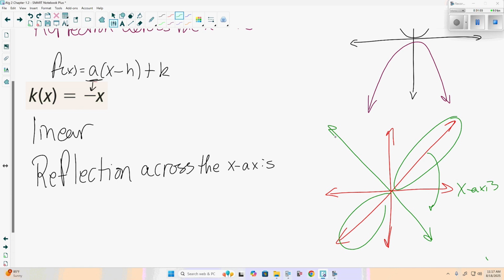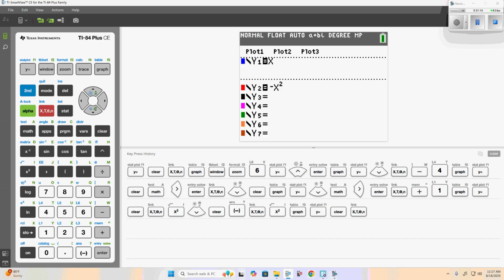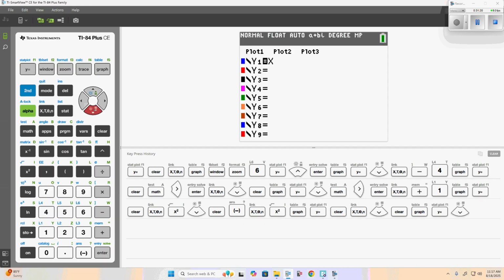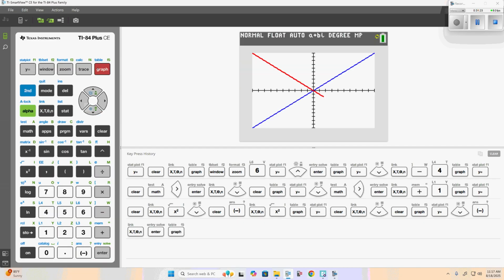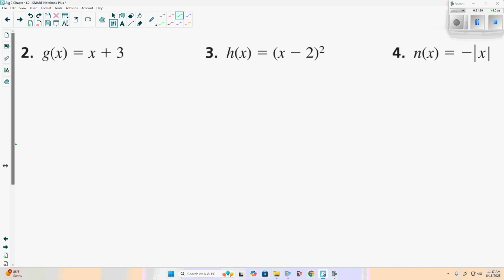Since the parent was increasing from left to right, its reflection should now be decreasing. Because there's our parent function, negative x graph. We can see it did flip across that line. It was going up, it's now going down. Questions on this so far? All right.